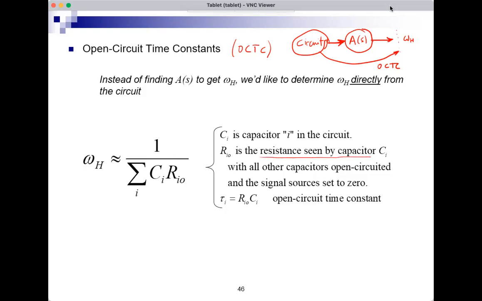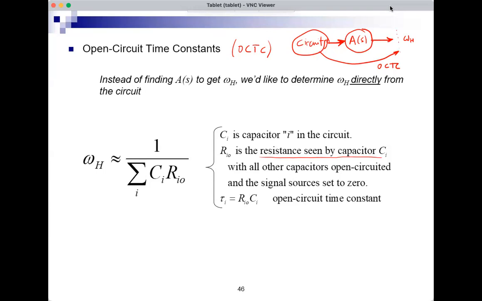resistance seen by a capacitor? The term resistance seen by something, I think we already know what it means from when we looked at the resistance seen looking into the drain of a MOSFET and stuff like that.